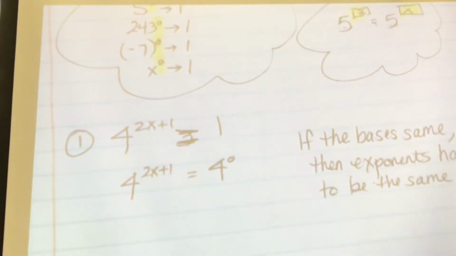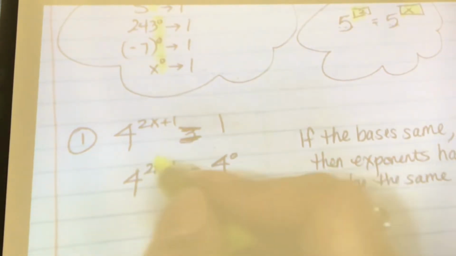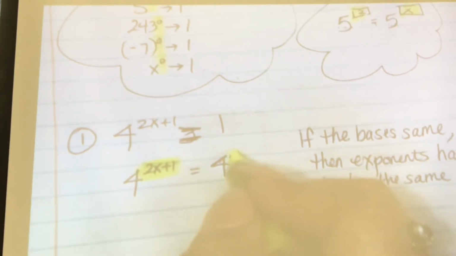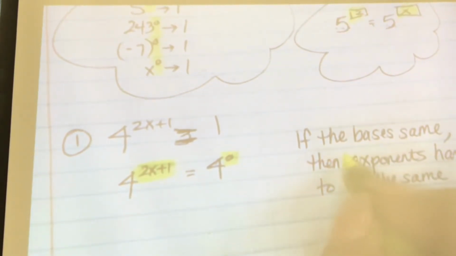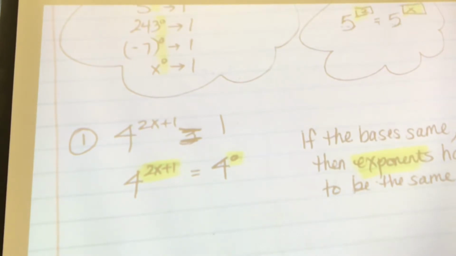So before I even get started, and we will not stamp you if I do not have these highlighted, you need to highlight the exponents after you've made the bases the same.